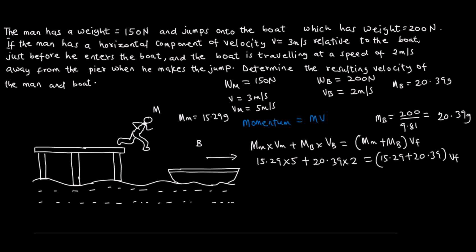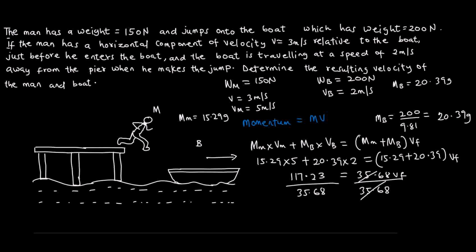So let's simplify this. 15.29 times 5 plus 20.39 times 2 will give me a value of 117.23. This will be equal to 15.29 plus 20.39, that'll give me 35.68 Vf. So we divide both sides by 35.68, so this will cancel out this.